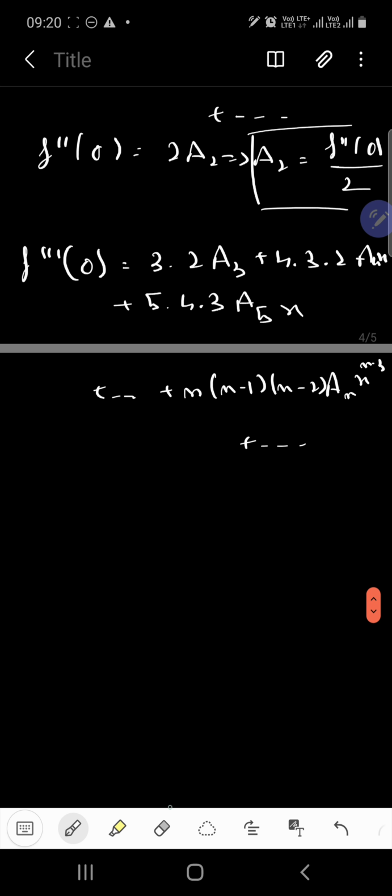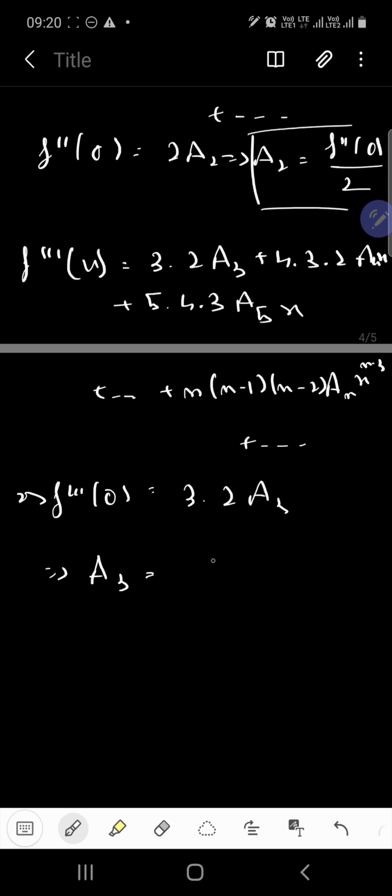Sorry, this is not f triple dash 0, this is f triple dash x. And what is f triple dash 0 then? It comes out to be 3 times 2 a3. That means that a3 equals f triple dash 0 over 3 times 2.